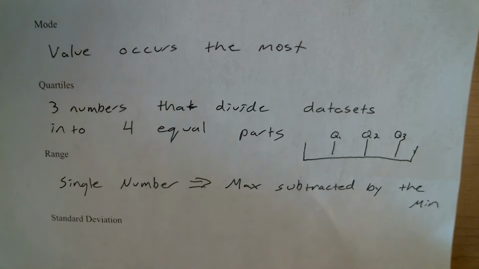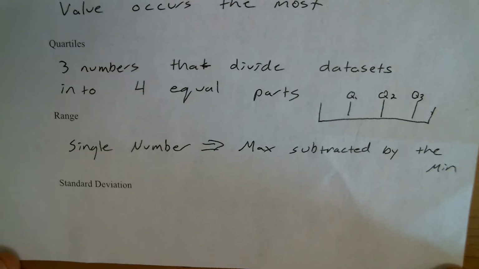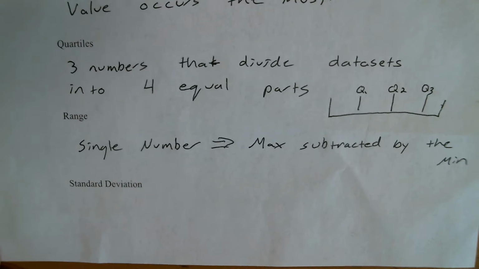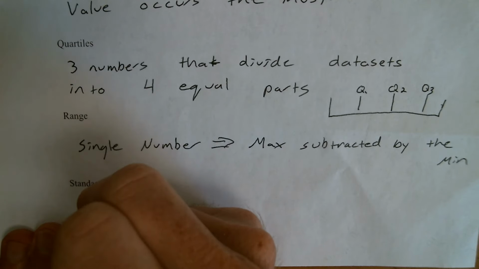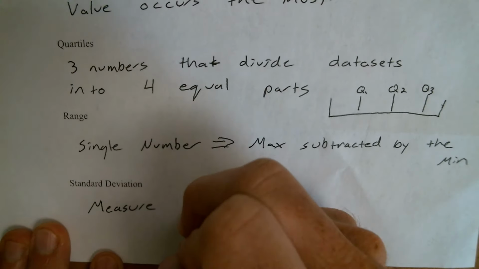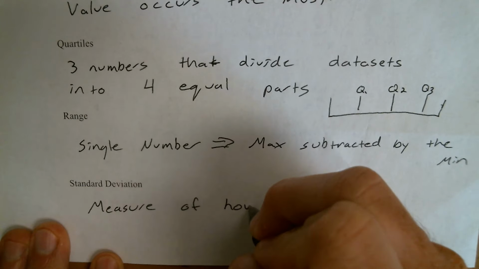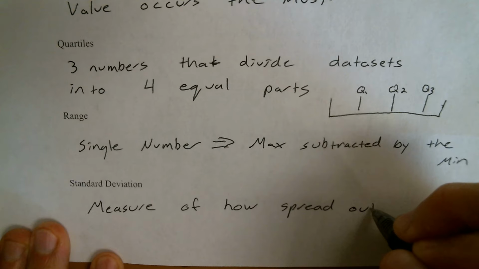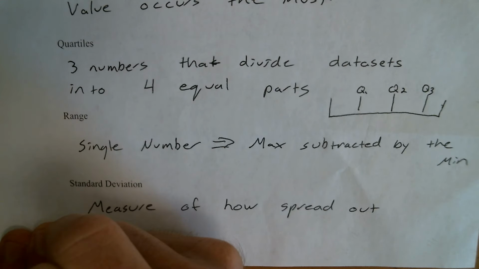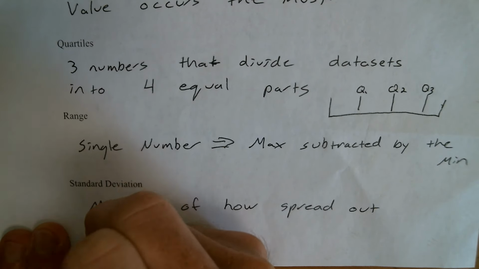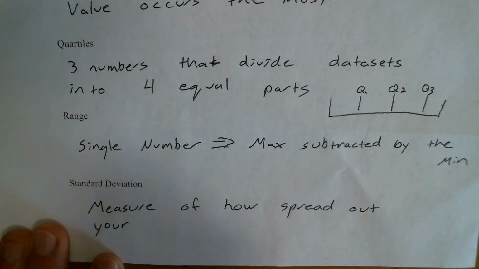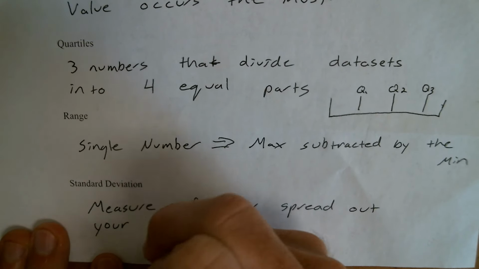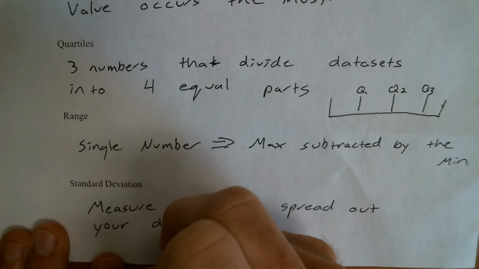All right. And then standard deviation, even if you're not sure how to calculate it, you've probably at least heard that phrase before. And it's basically a measure of how spread out your data set is.